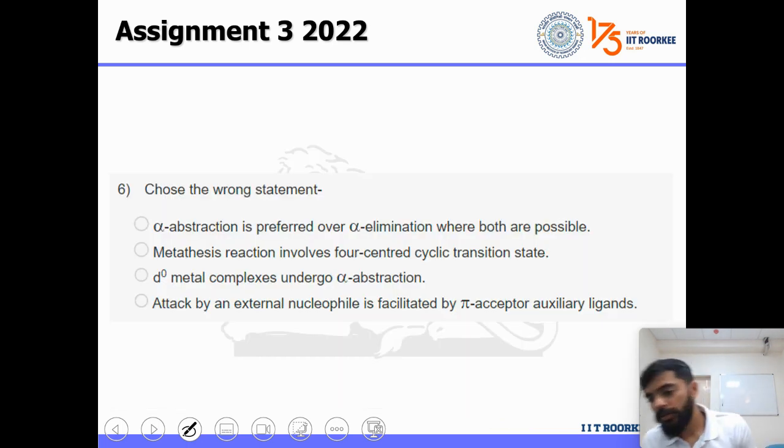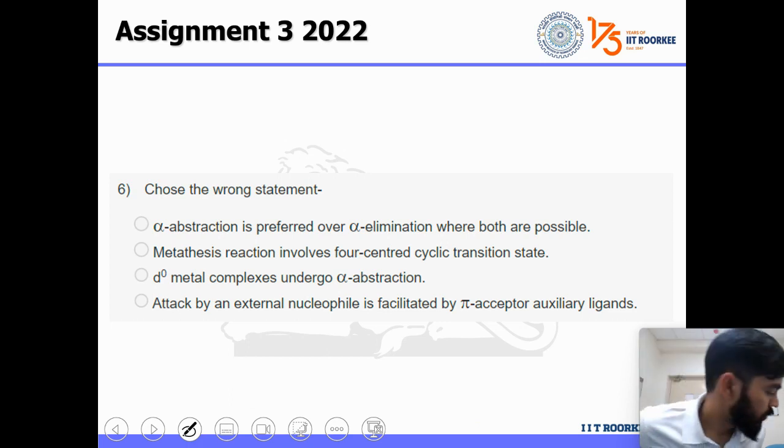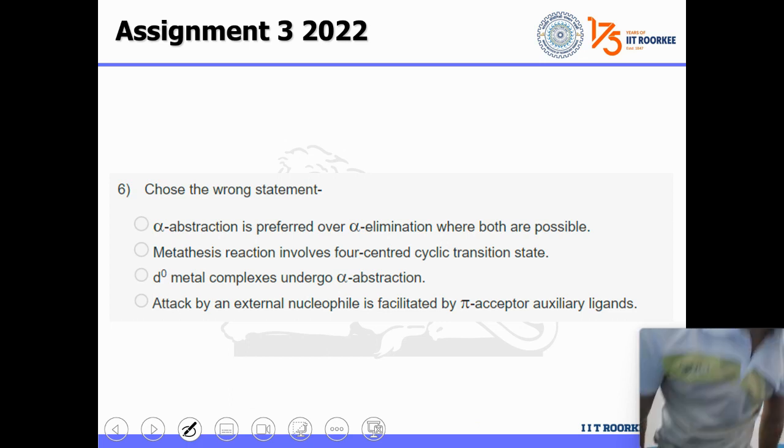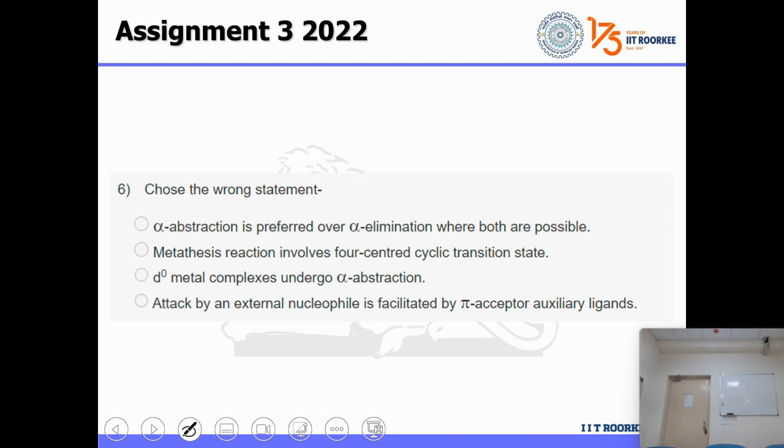Choose the wrong statement. Alpha abstraction is preferred over alpha elimination. I have already discussed such a problem once.